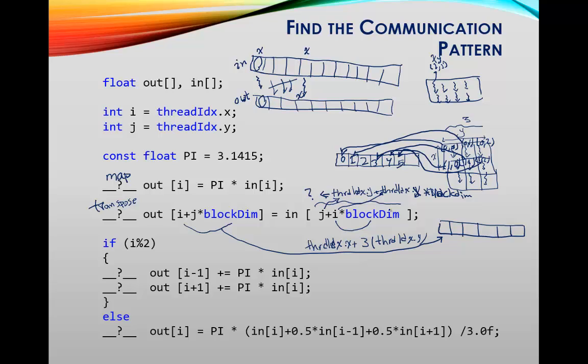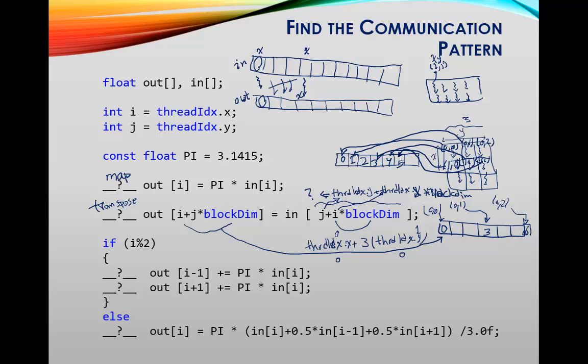So for element 0, 0, this is going to be 0, and this is going to be 0 times 3, so it's going to be 0, right? How about when I have element 0 comma 1? So my 0 comma 0 goes to 0. How about my 0 comma 1? threadIdx.x is going to be 0, and threadIdx.y is going to be 1. So that's going to be multiplied by 3. So my element 0 comma 1 is going to be my element 3 here, right? My element 0 comma 2 is going to be element 6 here.